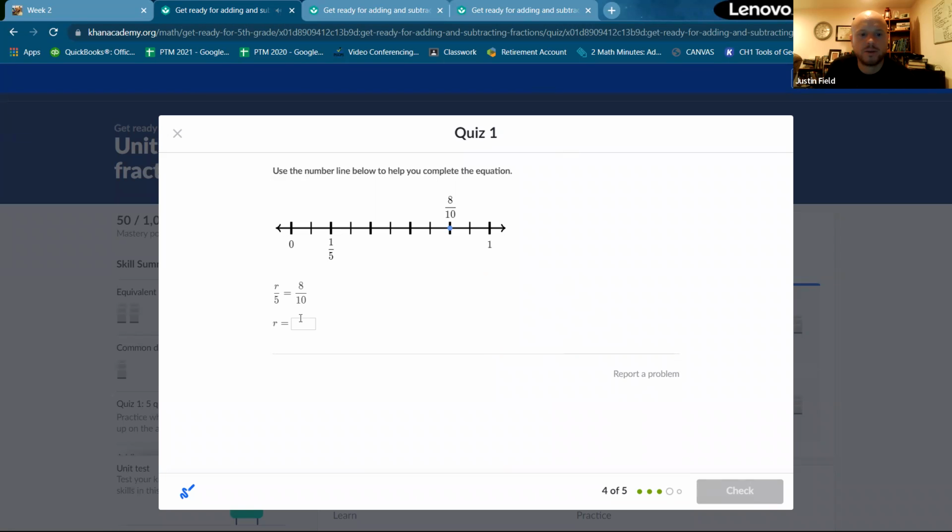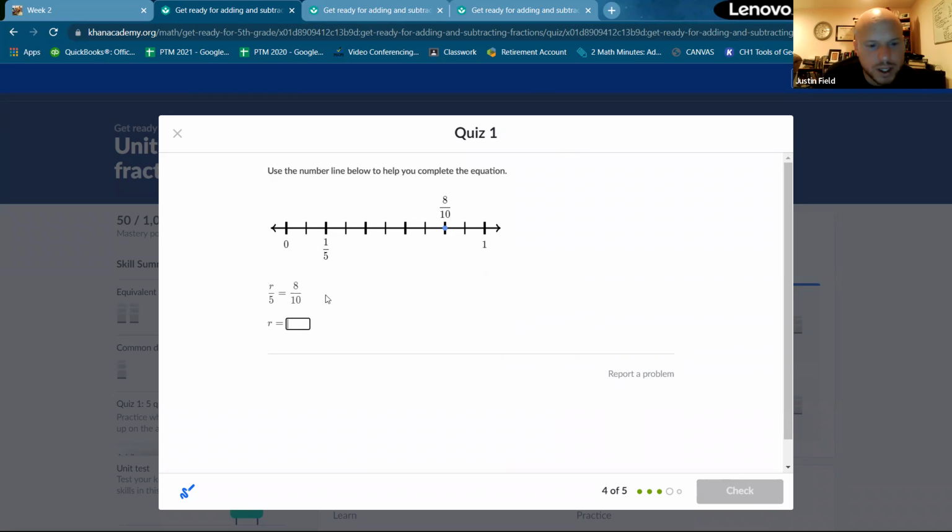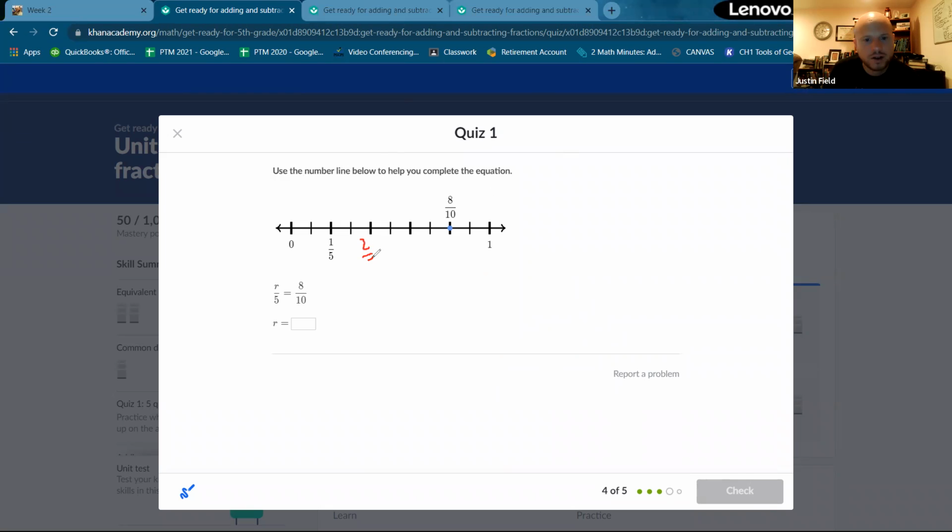Okay, count the tick marks. Use the number line to help you complete the equation. Okay. So you see on this number line, the darker ticks are the fifths. So this would be 2/5, 3/5, 4/5, 5/5.